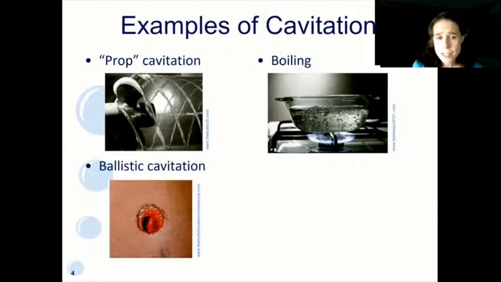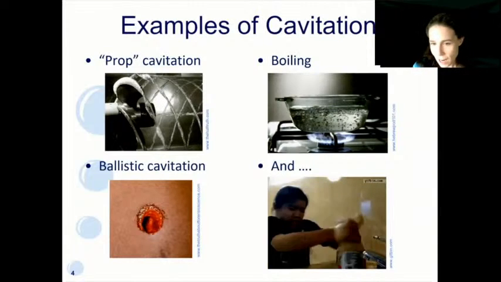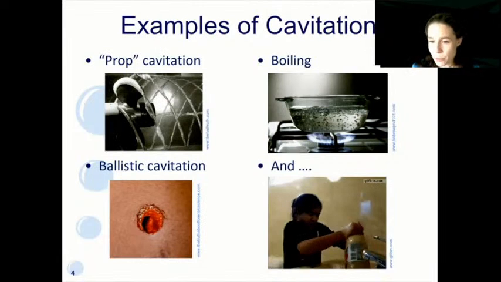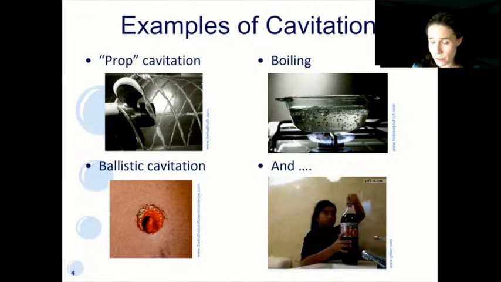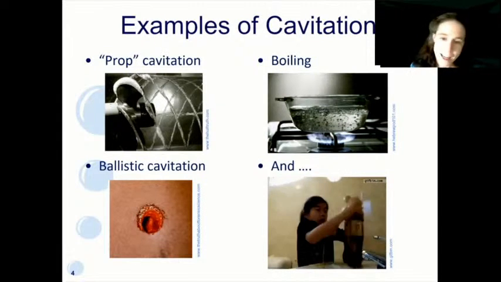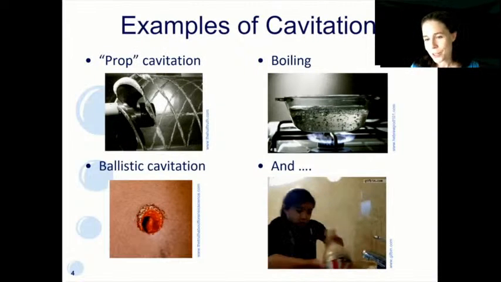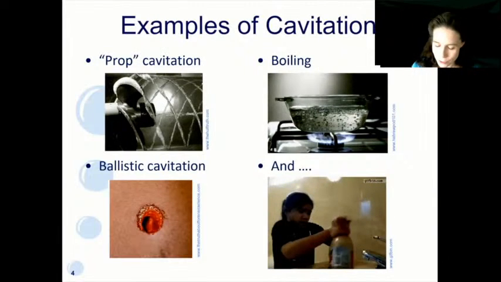A slightly more gruesome example is so-called ballistic cavitation, where you have one object moving very, very rapidly through another material. And again, there's a pressure drop associated with that motion that can create bubbles. So this is a bullet wound that's been created as a result of cavitation from a bullet passing through tissue. And then, of course, one we're definitely all familiar with, which is where you open a bottle of fizzy drink a little bit too quickly, and the very, very rapid pressure drop associated with that creates a lot of bubbles very, very quickly.